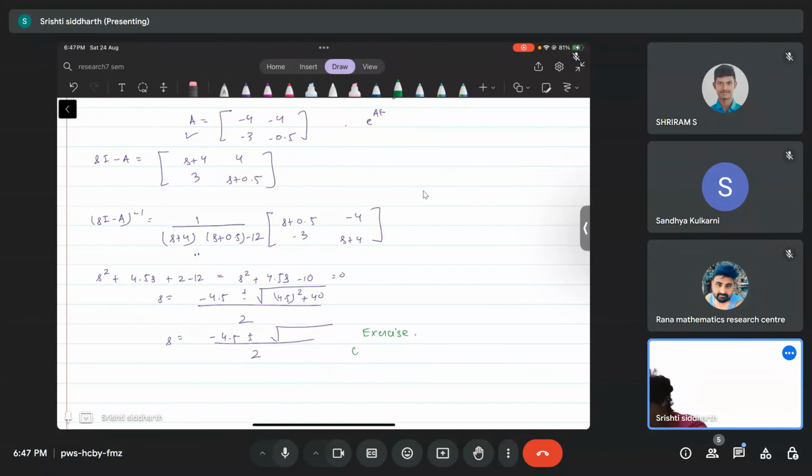So just check if e to the power At computed using this A is the same as given in the question.